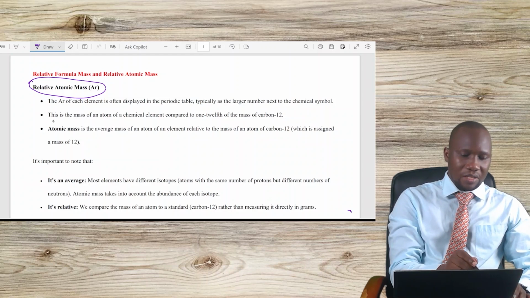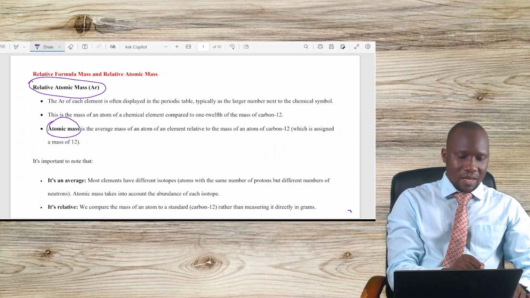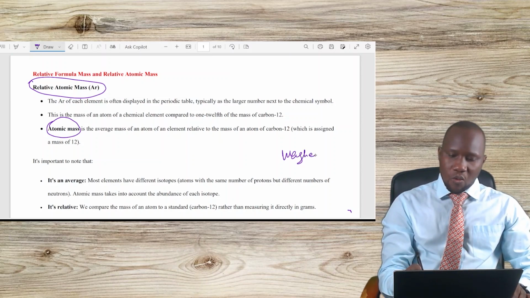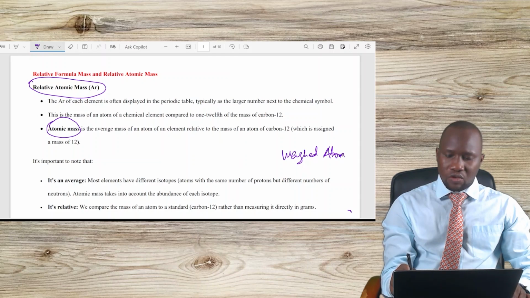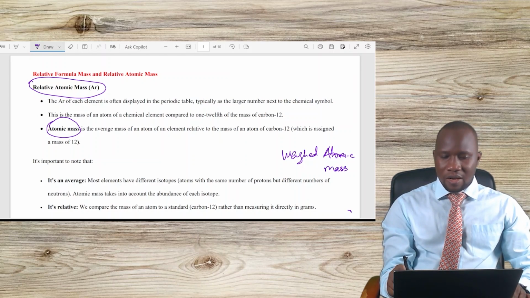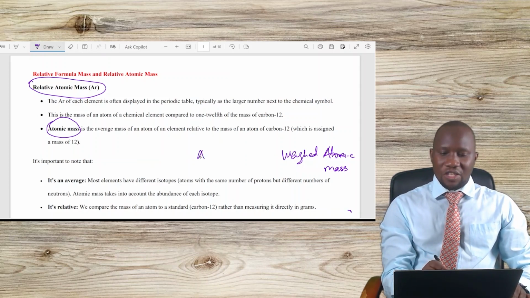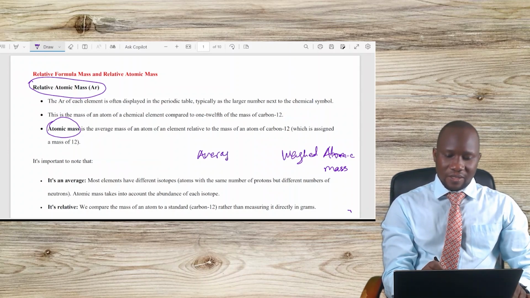So relative atomic mass, and then atomic mass, and then weighted atomic mass. Actually, the fourth one could be average atomic mass.